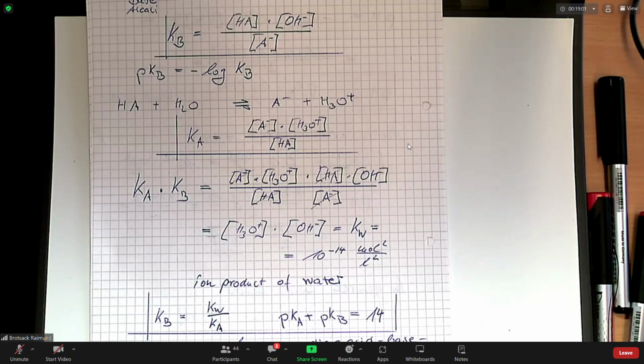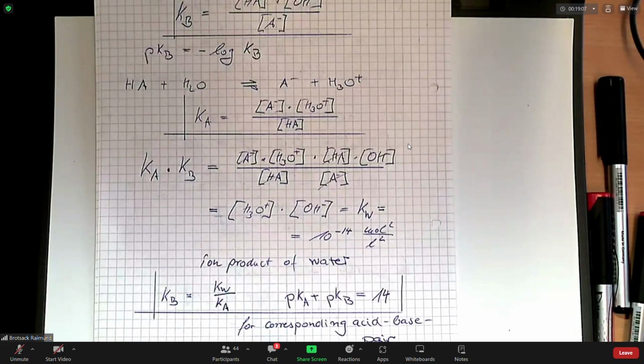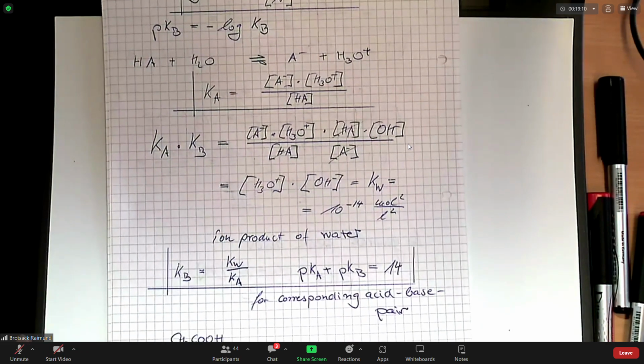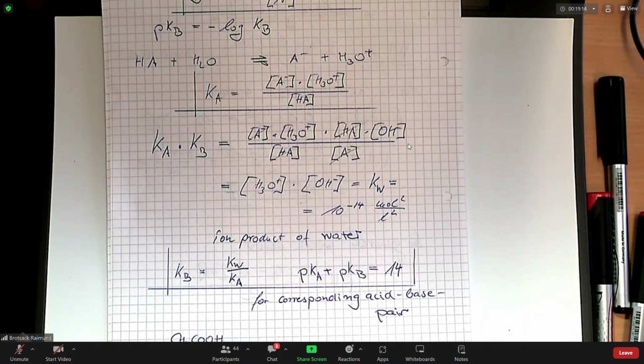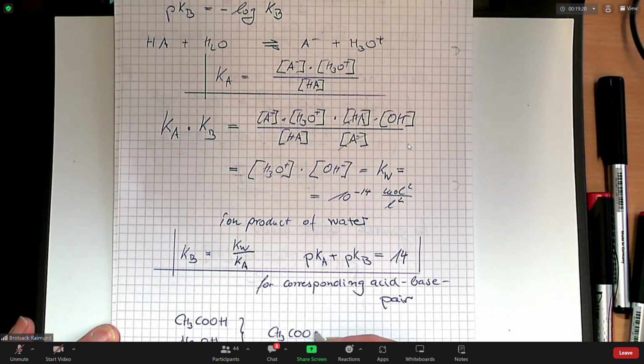Well, the acetic acid, you know, CH3COOH, and the sodium hydroxide, when this reacts, CH3COO- Na+ is built as a salt, plus water.